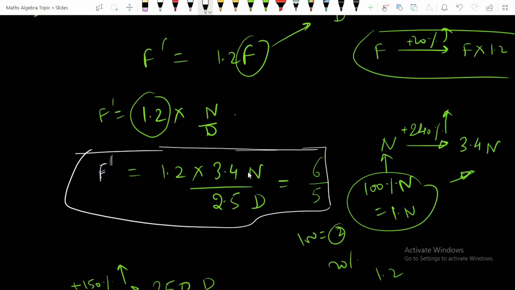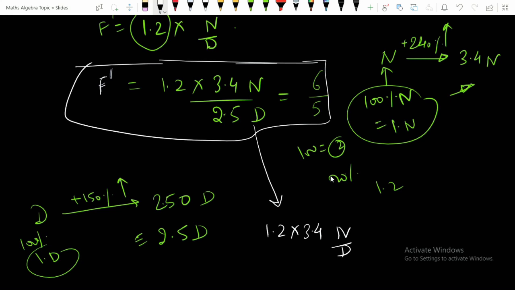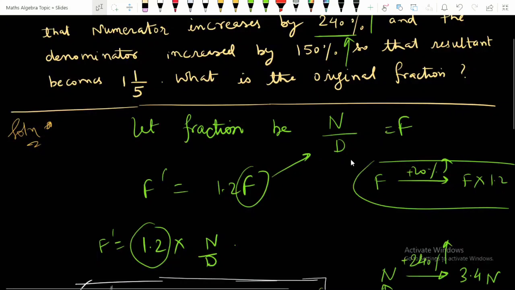So 1.2 into 3.4 into n by 2.5 d equals 6 by 5. That is, 1.2 into 3.4 into n by d, divided by 2.5, equals 6 by 5. We have to find n by d, which is your original fraction.